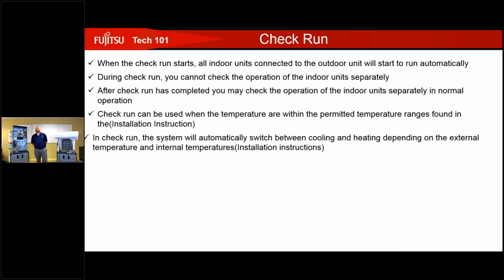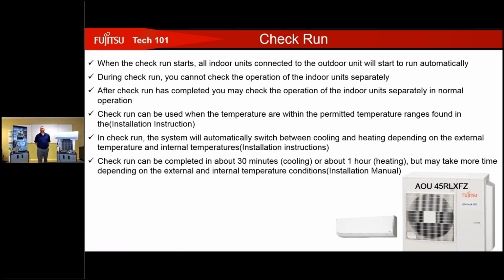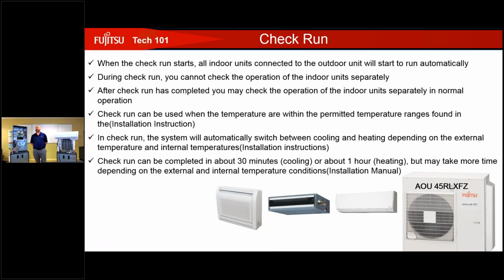All right, so when a check run starts, we are going to have all of our indoor units connected to the outdoor unit. They will start to run automatically. There's nothing you can do to stop it from the remotes. So you cannot check the operation of the indoor unit separately. It won't allow you to do so.